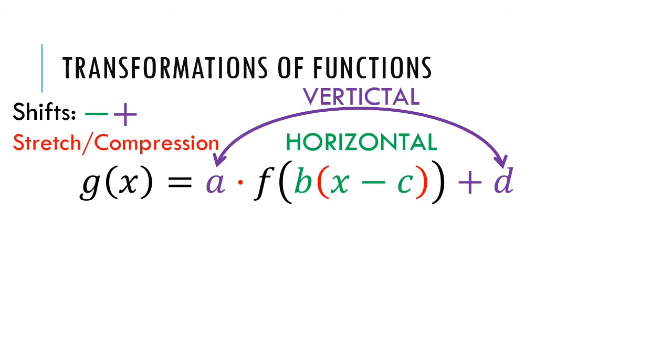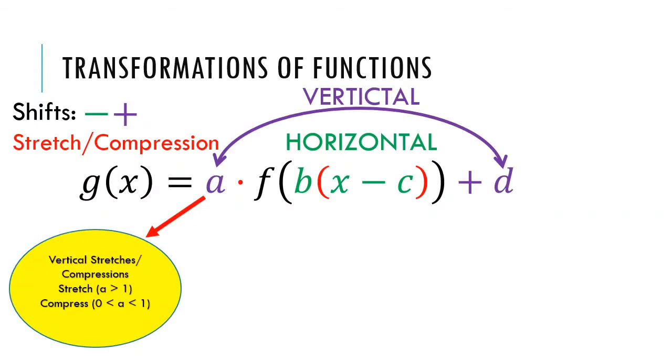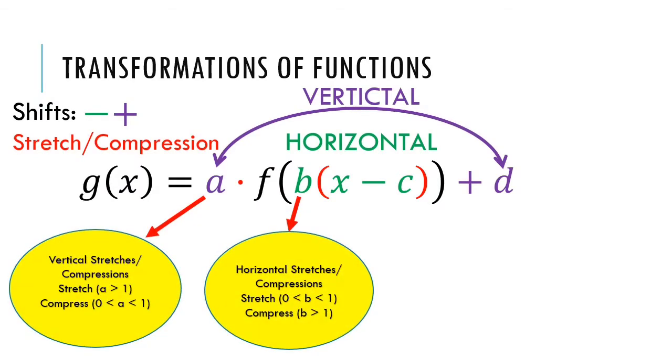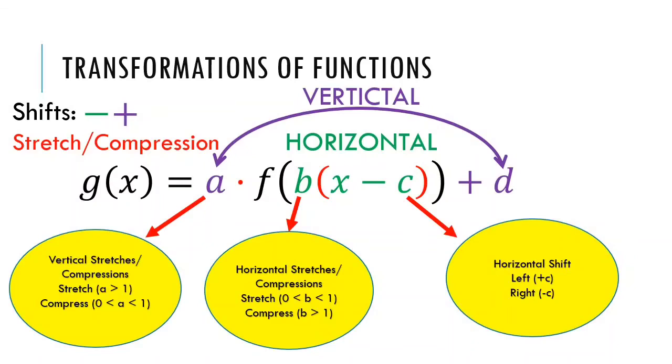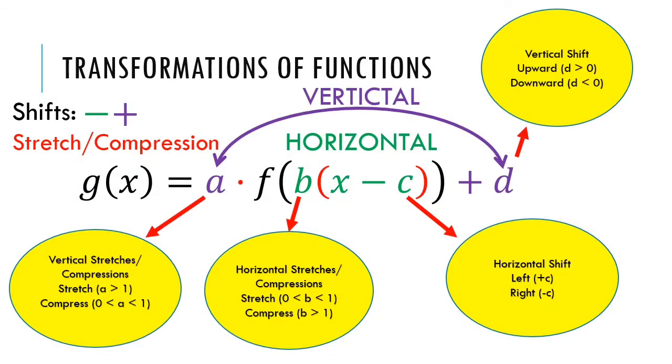Hence, a is a vertical stretch or compression, b is a horizontal stretch or compression, c is a horizontal shift, and d is a vertical shift. Feel free to pause and take notes as you need to.